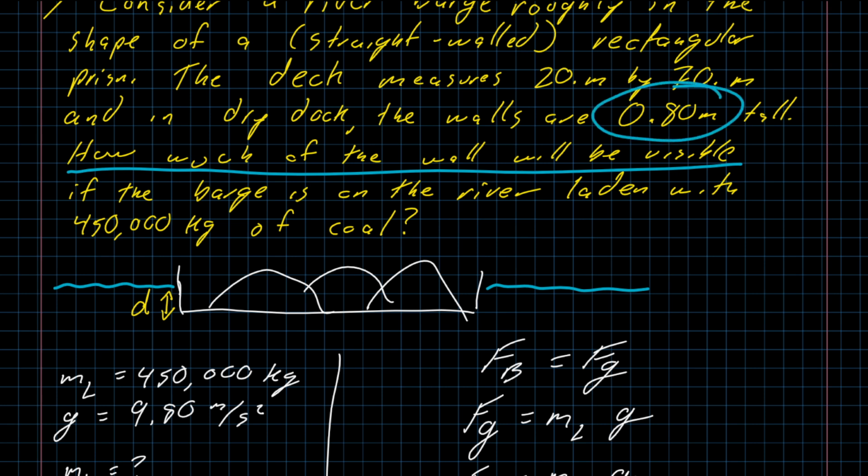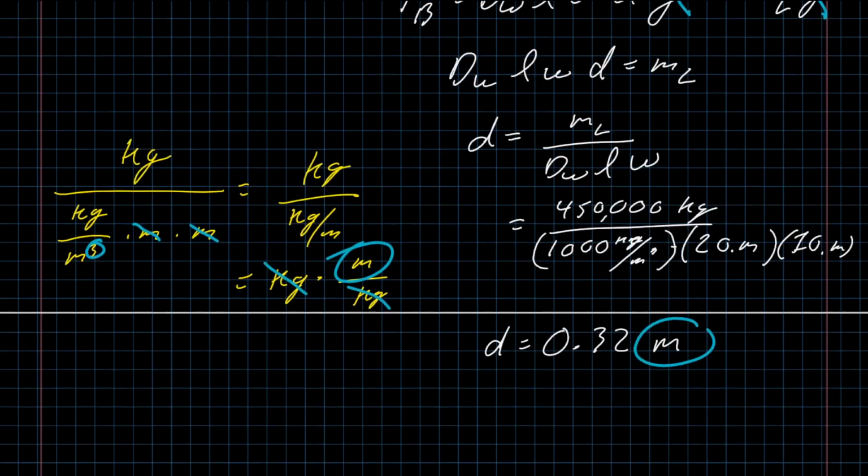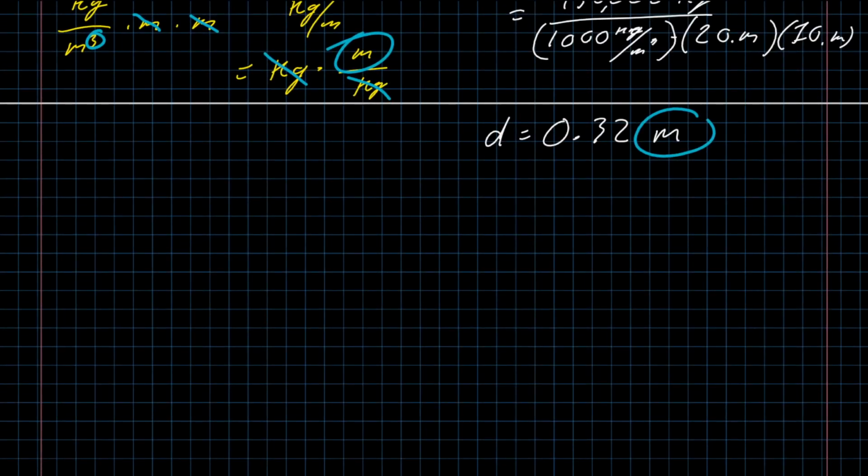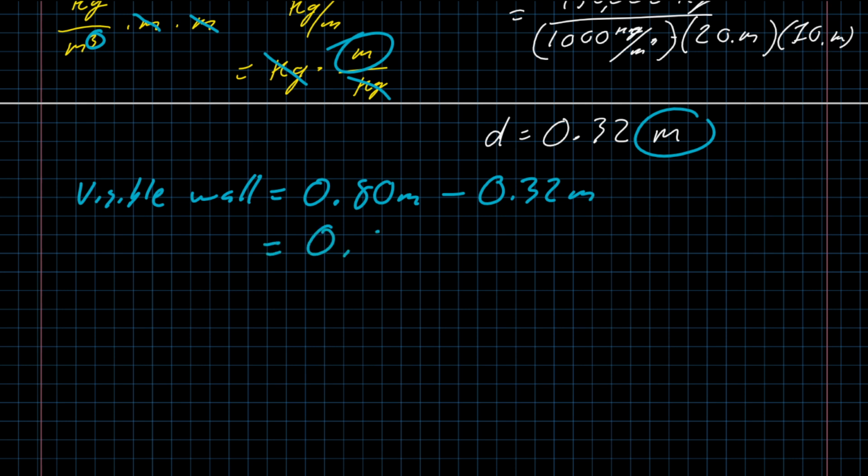The walls in total are 0.80 meters tall. So we take the total height, 0.80 meters. We subtract off the amount that is submerged, 0.32 meters, and we get 0.48 meters. A little bit more than half of the wall is still going to be visible above the water.